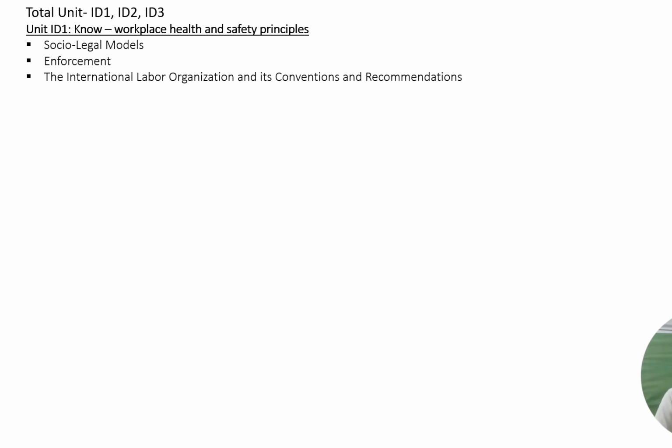The third one is the International Labour Organization and its conventions and recommendations. The ILO has a major role in occupational health and safety.